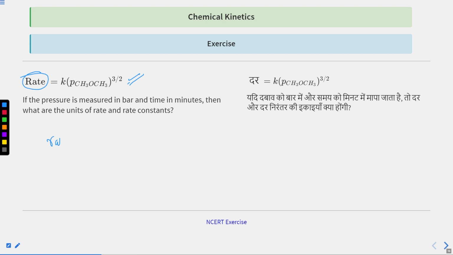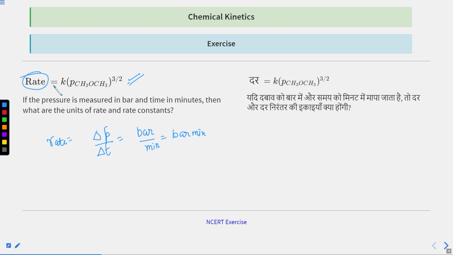Pressure has the unit bar, and time is in minutes, so that gives you bar per minute. Clear? Very easy to understand.